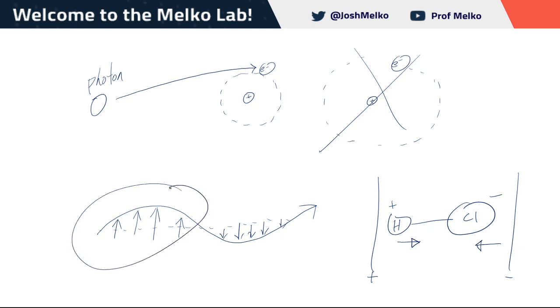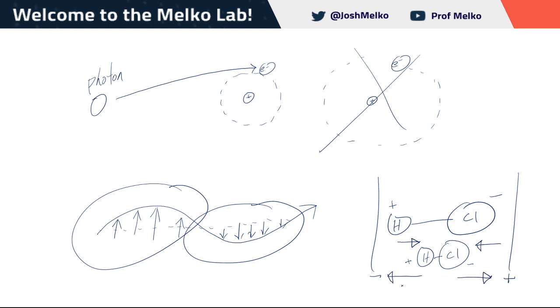But then the electric field switches. And all of a sudden, now that you've moved hydrogen in here and chlorine in here, you've shifted the electric field and you've alternated it. So now this is negative and this is positive. Well, the chlorine is still negatively charged, and hydrogen is positive. So now there's a motion back towards the edges.